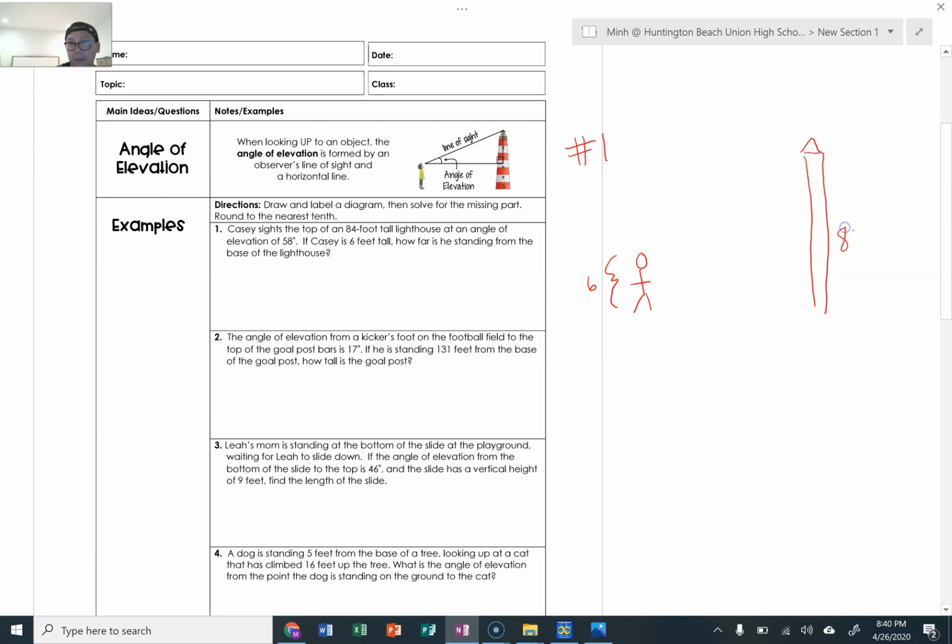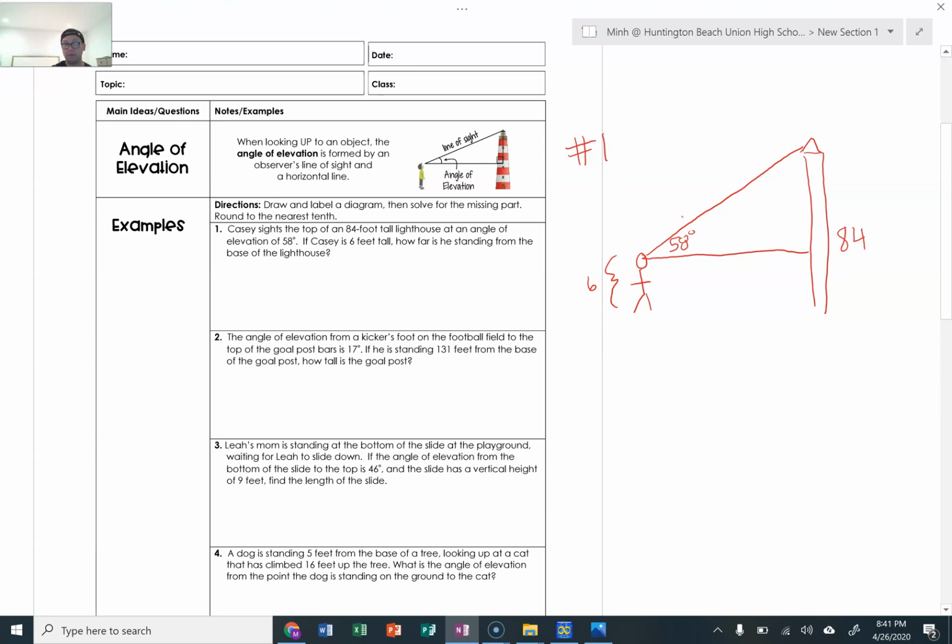That's going to be 84 feet. And he looks from the very top in angle of elevation, right? So for the angle of elevation, you want it basically from the person's eyes, or wherever they are, to the very top of the lighthouse. And he cites that it's going to be 58 degrees.